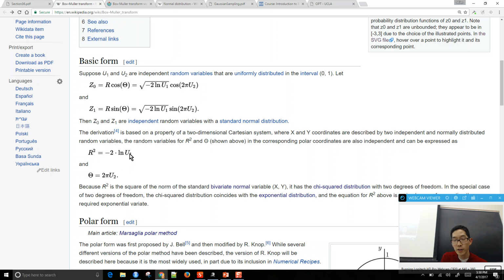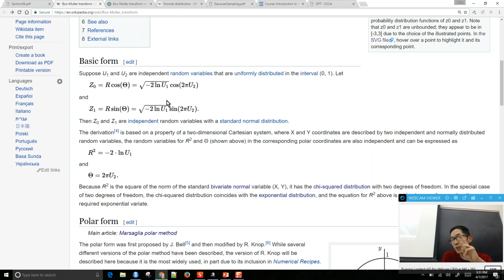And then for the other value, we generate a value between 0 and 1. We take the log of that, and if we multiply that by -2, this will give us the relationship to r squared. And so to get r itself, we take the square root here.